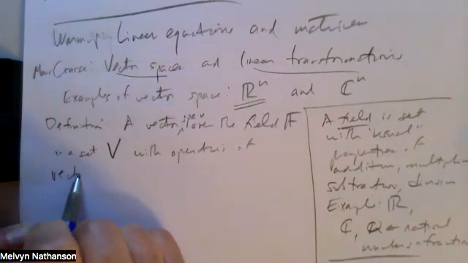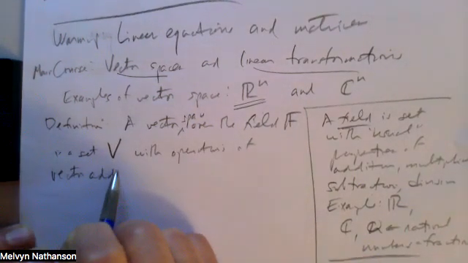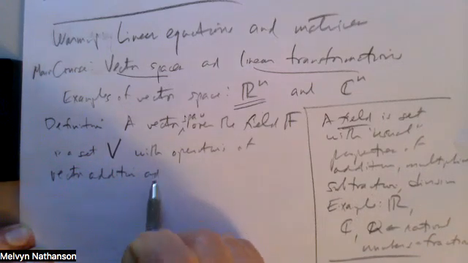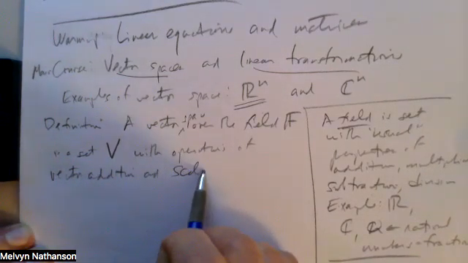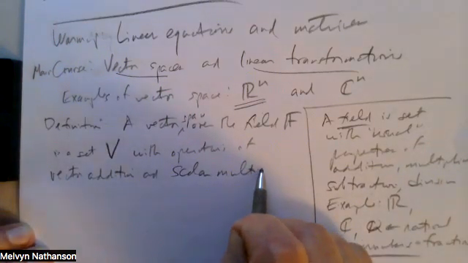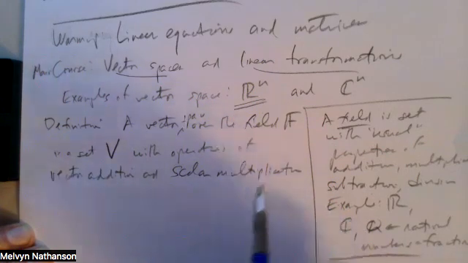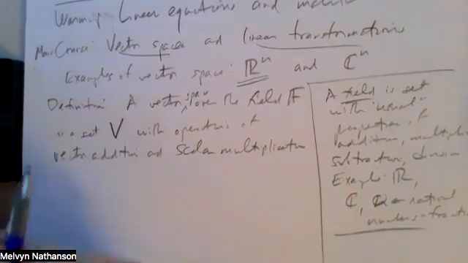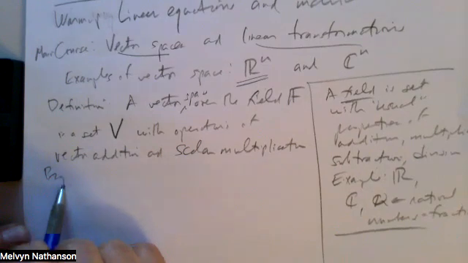One is called vector addition, and the other is called scalar multiplication. And these operations have to satisfy certain properties.